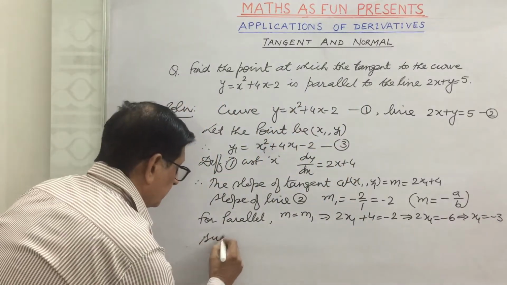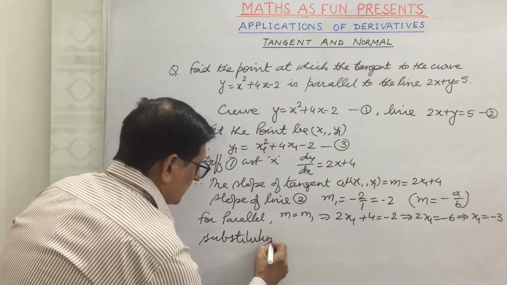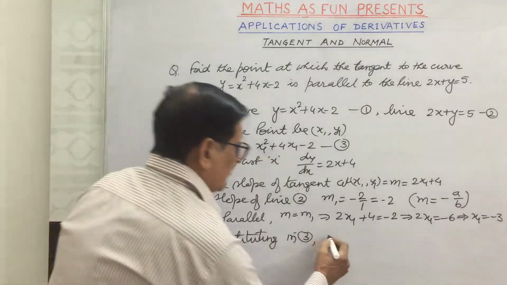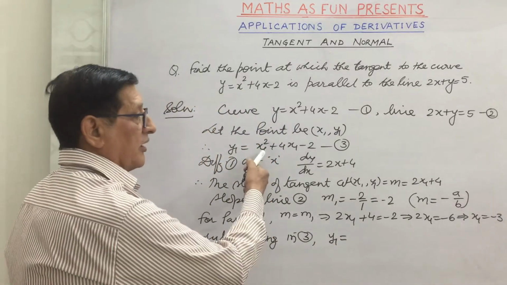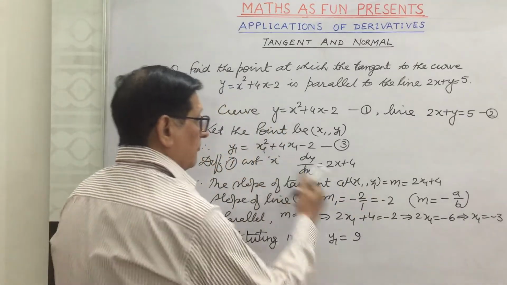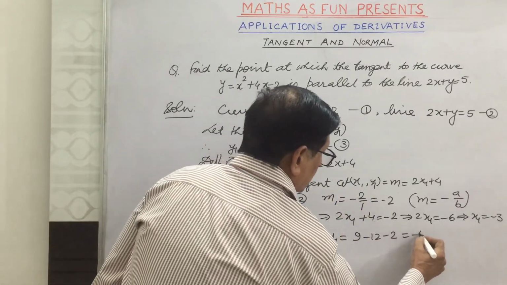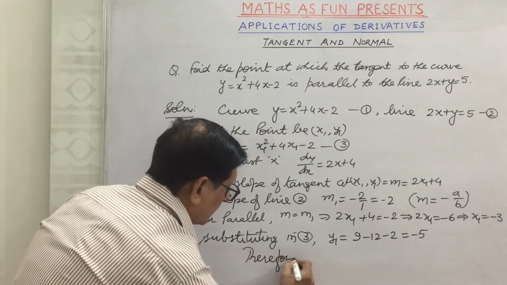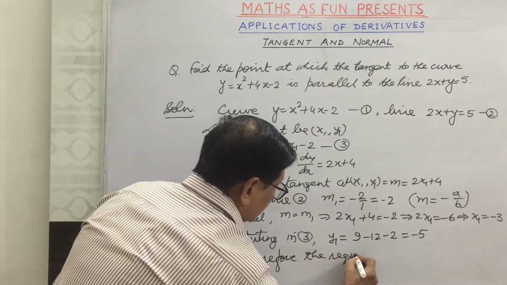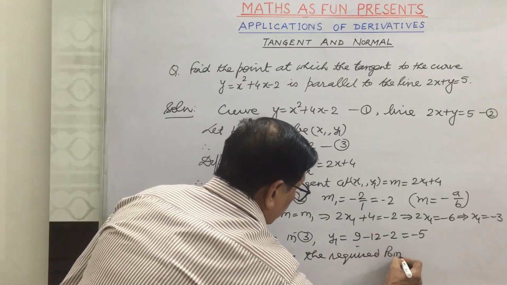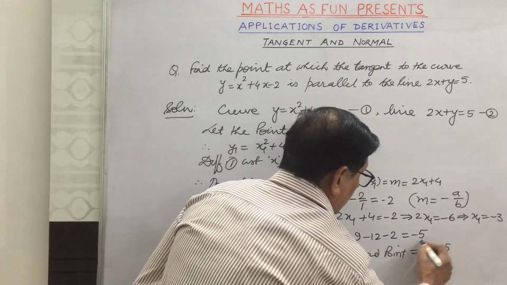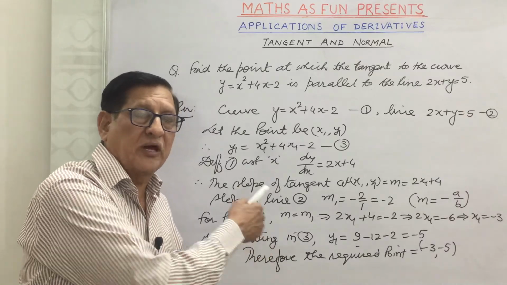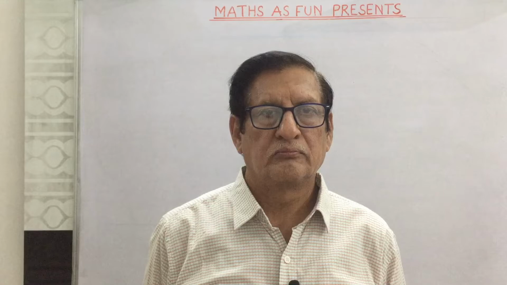Substituting in 3, we get y1 is equal to x1 square, that is 9, minus 12 minus 2, that is minus 5. Therefore, the required point is (minus 3, minus 5). Like this we can find out the point on the curve according to the given condition.